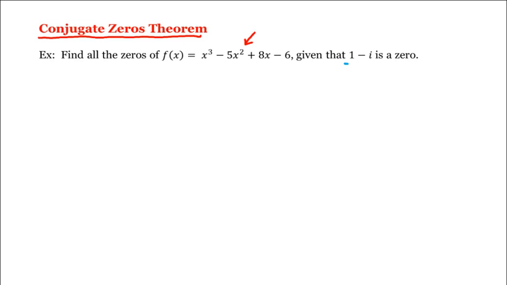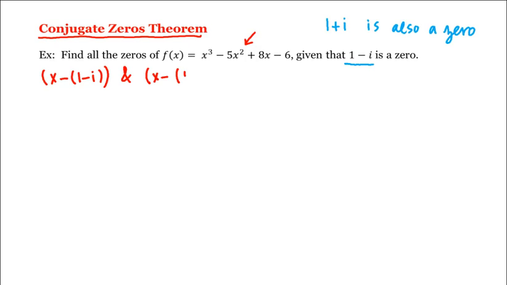And because we're given that 1 minus i is a zero, then 1 plus i, its conjugate, is also a zero. And therefore, x minus each of these zeros are factors of f.